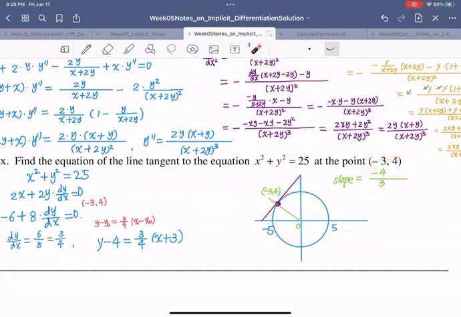Yes. Now, this purple line slope will be how much? 3 over 4, because they are negative reciprocals. Now, you have the point, you have the slope. y minus 4 equals 3 over 4 times x plus 3. You got it? Make sense here?